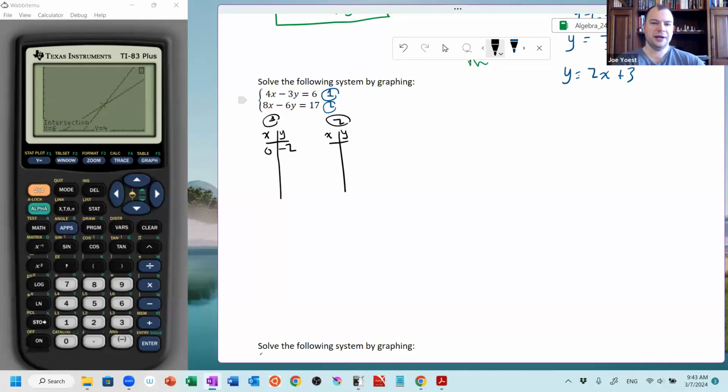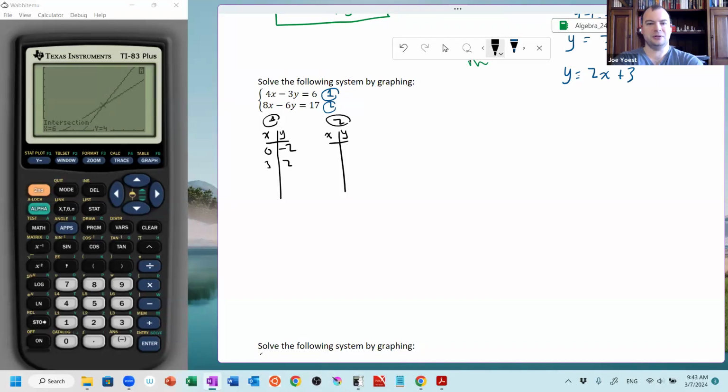That's not too bad. If y is 0, 4x equals 6, I think that's going to be annoying to deal with. What else could I have? Maybe if x was 2, I'd have 8 minus 3y equals 6. If x is 3, 4 times 3 is 12. 12 minus 3y equals 6.